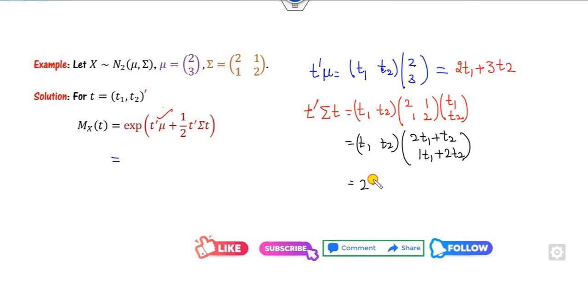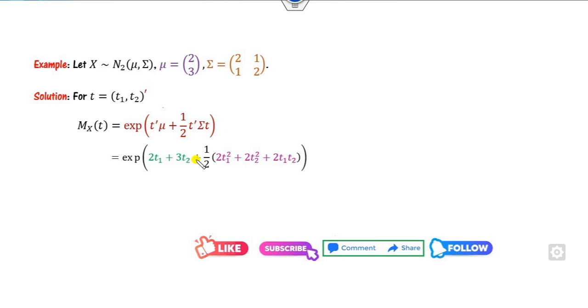Now you can multiply them: 2t1 squared plus t1t2 plus t2t1 plus 2 times t2 squared. So I can substitute this value at this point. Or you can write it directly, because this is twice t1 squared, twice t2 squared, and the addition of this value 1 plus 1 is twice. Now that 2 will be cancelled out, and that is the expression of this moment generating function.